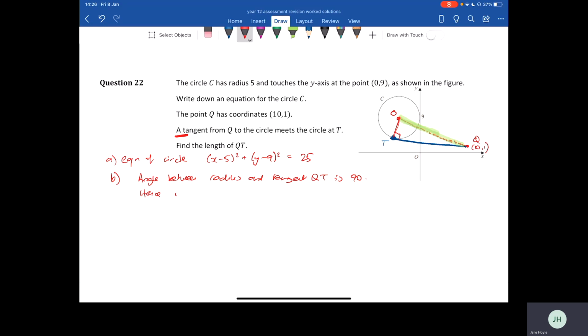So hence we have a right angled triangle. We know the length OT, rather. We know, and I'll just draw that out again, I think.